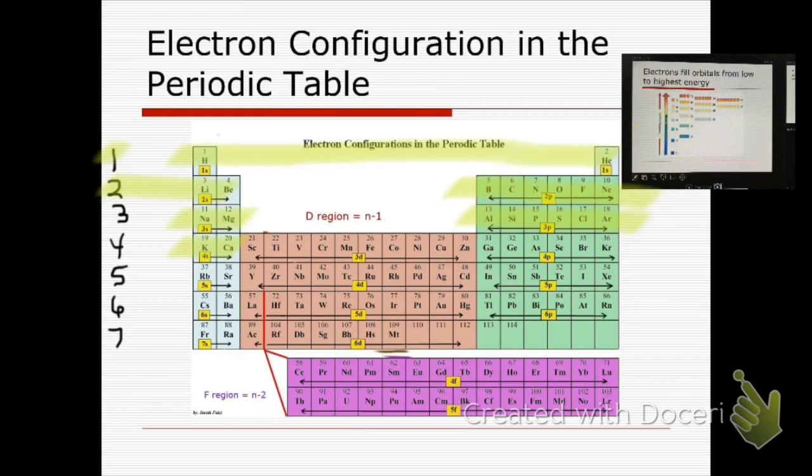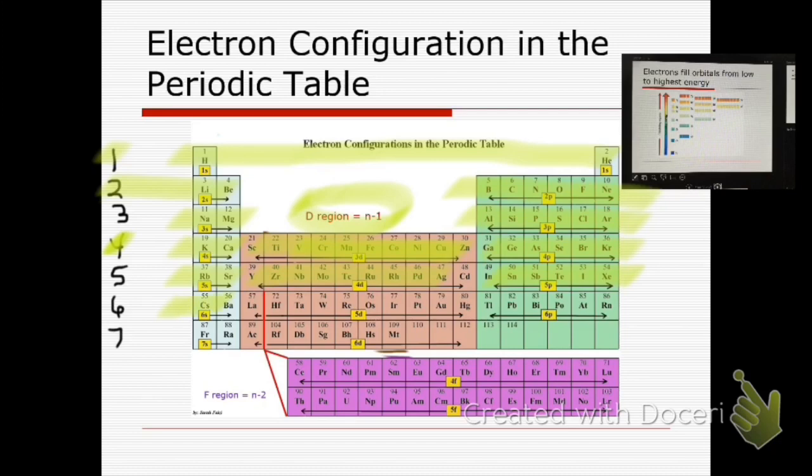We now hit the D section of the table, and remember the secret there, n-1. We are in n equals 4, so starting with scandium there, 4 minus 1 is 3. This is the 3d. So we go 4s, 3d, we're back to 4p, that is not n-1, new row, 5s, n-1, 4d, 5p, new row, 6s.